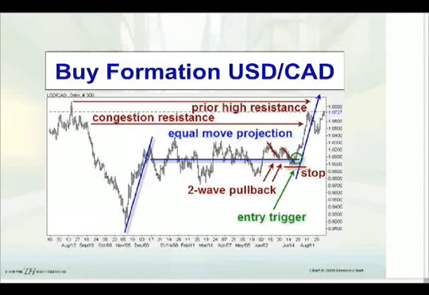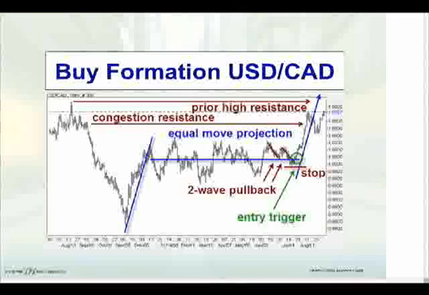Now, heading into the very end of July and almost into the start of August is when we finally saw this trigger take place where the currency pair had been trading at this upper level base, and then it had a two-wave pullback into the middle of the congestion. Let me grab a pointer here.